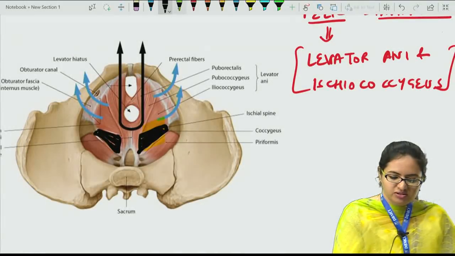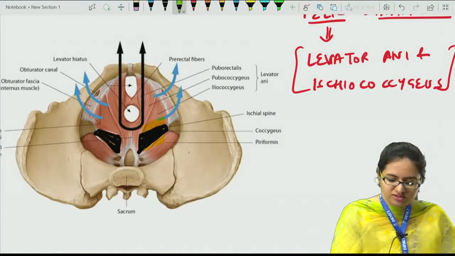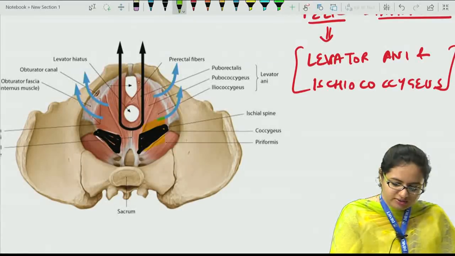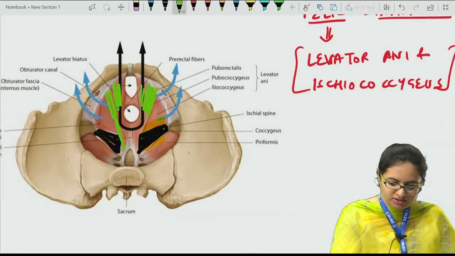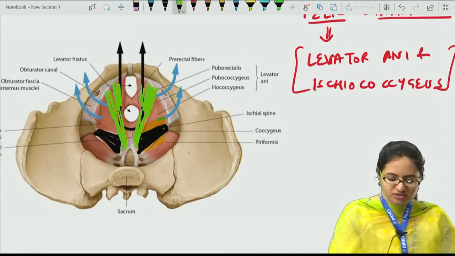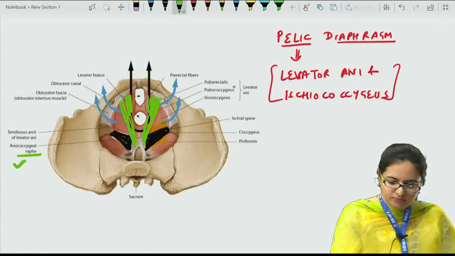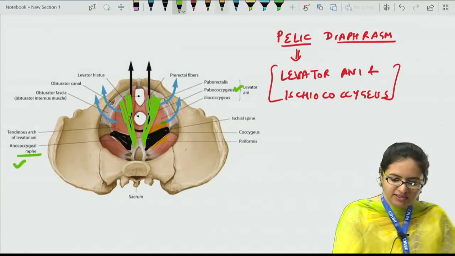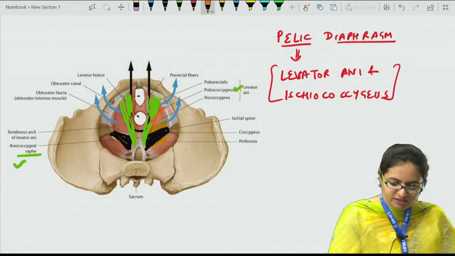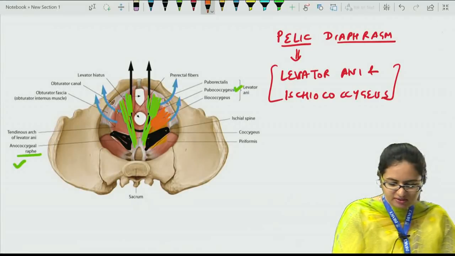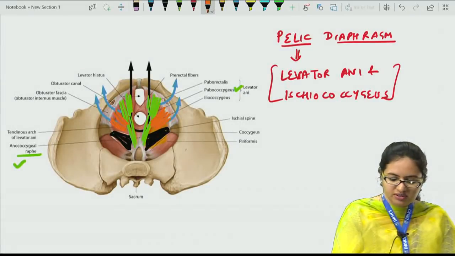The levator ani has two components, the pubococcygeus and the iliococcygeus. These are the pubococcygeus fibers arising from the pubis and going posteriorly towards the tip of the coccyx, or in the middle the anococcygeal raphe or anococcygeal ligament. From the lateral aspect, the fibers coming from the lateral side are the ischiococcygeus muscle fibers.